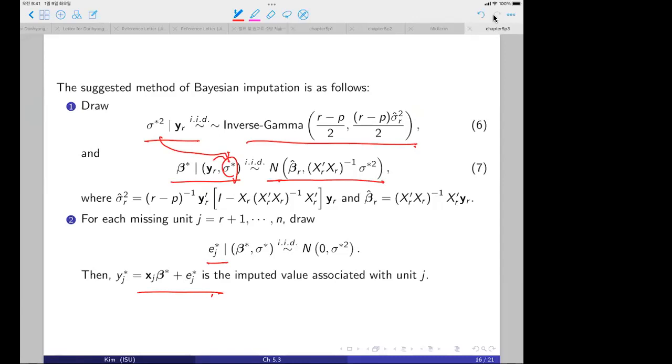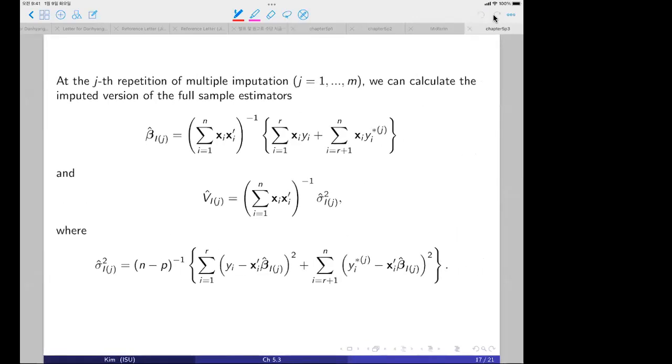And then in the case of repetition of multiple imputation, we can calculate the imputed version of the full sample estimators, something like this. So we have the first R, where we observe Y, and then from R plus 1 to N, we have imputed data.